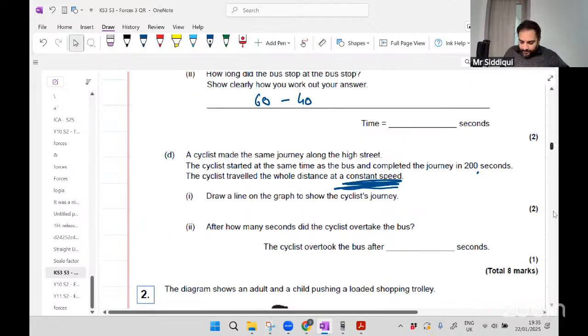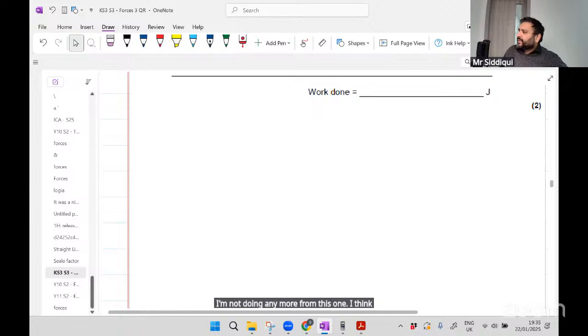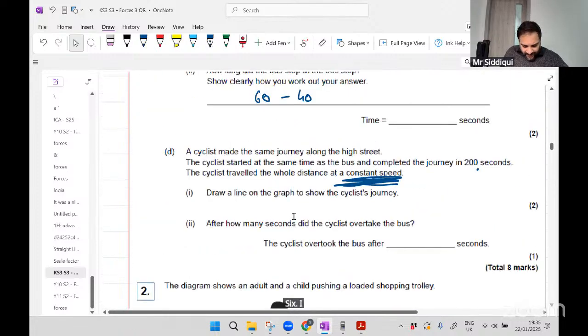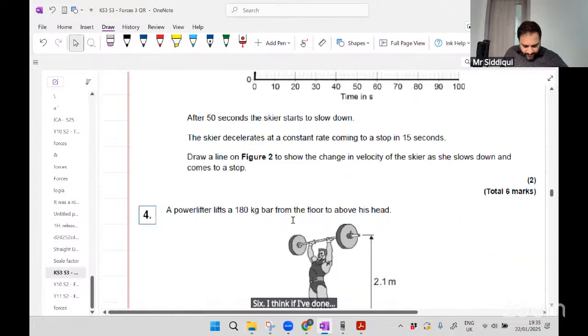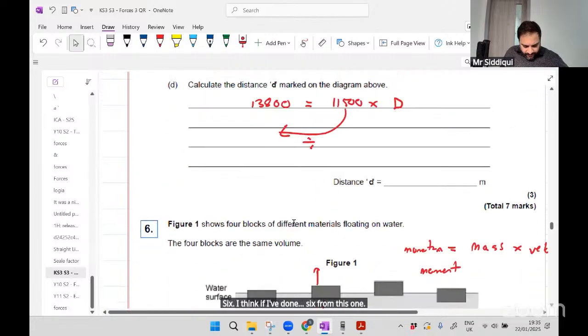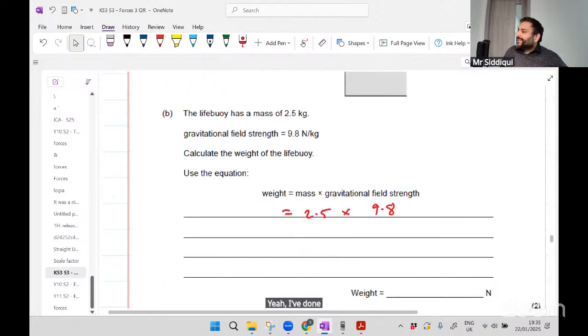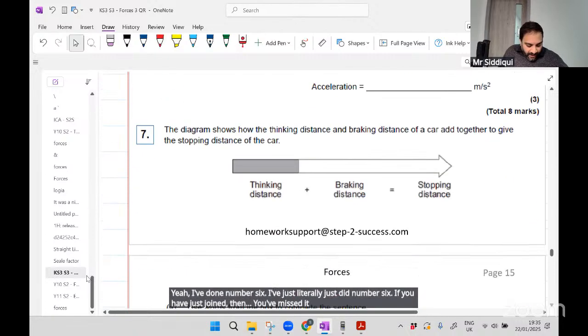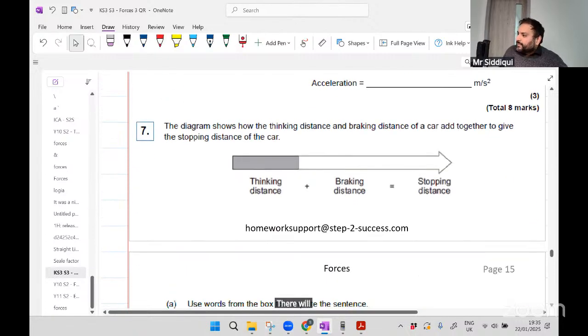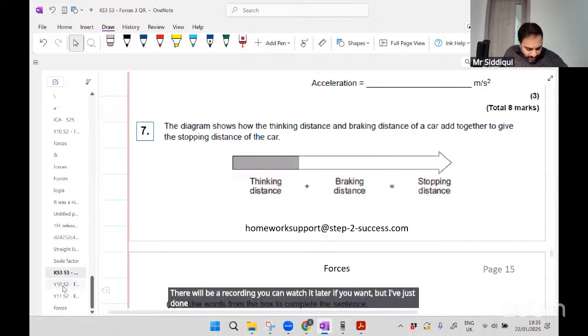I'm not doing any more from this one. I think that's enough assistance for you. I think I've done six from this one. Yeah, I've just literally just did number six. If you have just joined, then you've missed it, sorry to say. There will be a recording. You can watch it later if you want, but I've just done question six on that one.